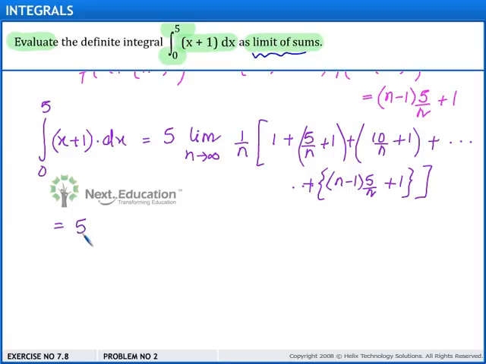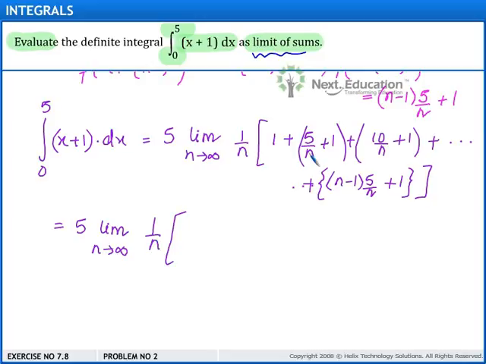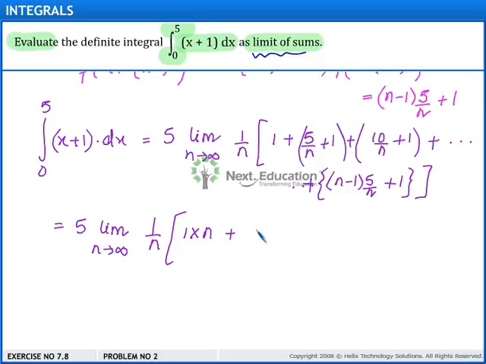This further implies that 5 into the limit as n approaches infinity of 1 upon n into, now here 1 is n times, so we have 1 into n plus, taking 5 upon n common, we have 1 plus, from here we get 2 plus so on up to, from the last term we get n minus 1.